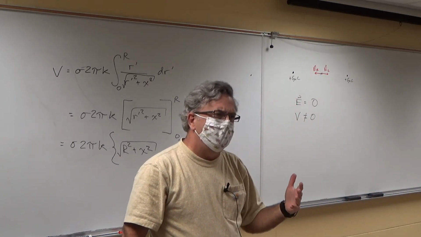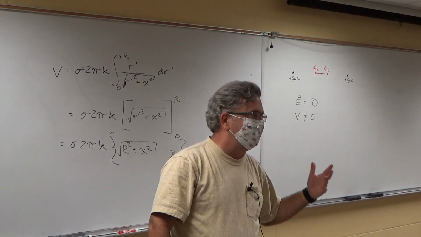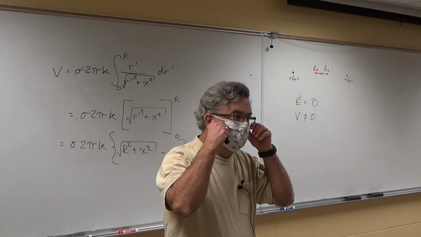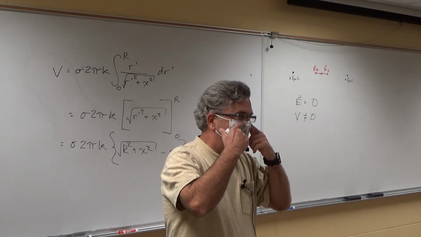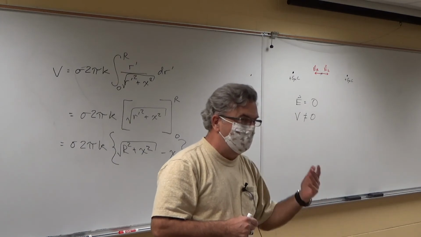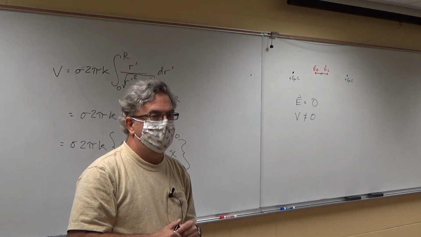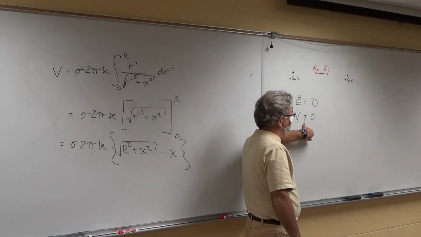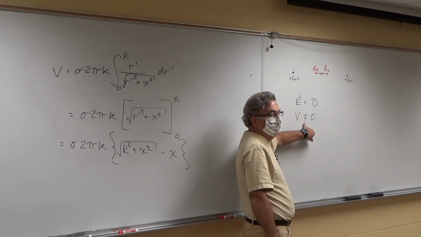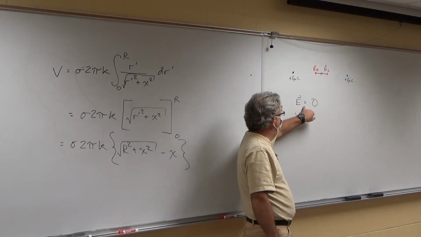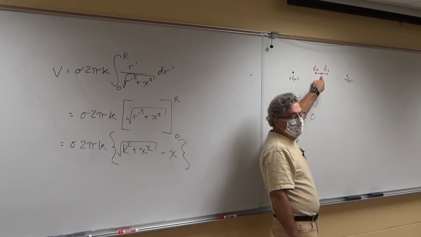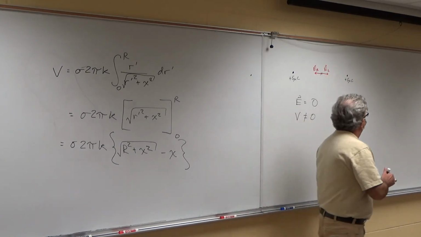So I'm at a point where the electric field is equal to 0, but the potential is not. This has to do with where we defined the 0 potential. With respect to infinity, the potential is not equal to 0. The electric field at this point is equal to 0. Now the converse.